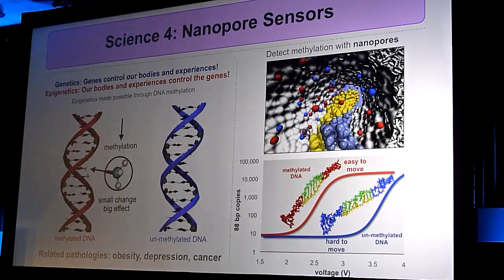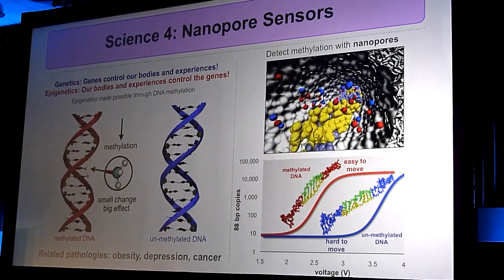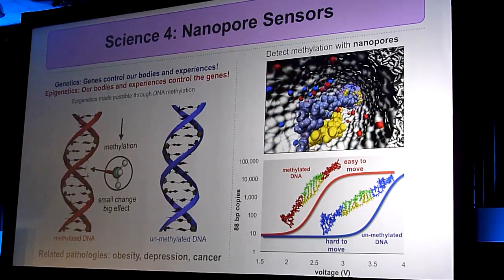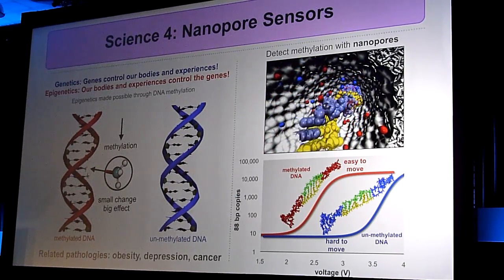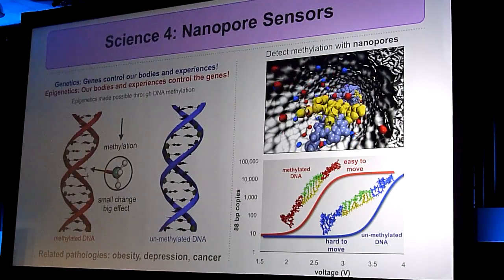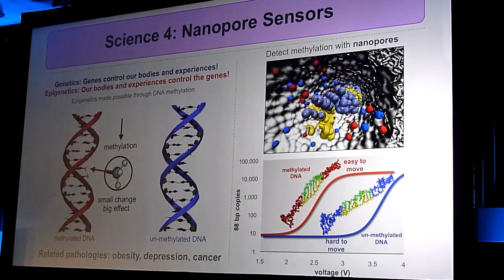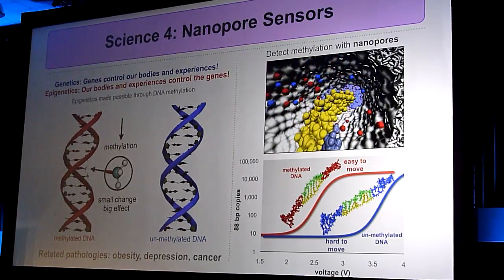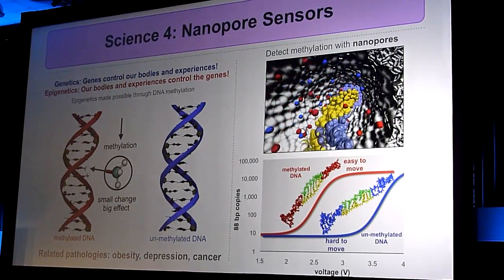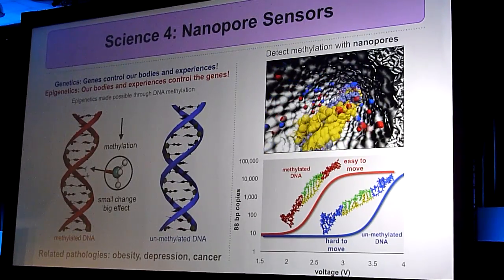It's just a very small pimple on the DNA every once in a while. And in fact, when you look at methylated DNA that is biologically relevant, you realize that its physical properties are almost not changed. Very, very difficult actually to measure methylation profiles, because there's such a subtle change.